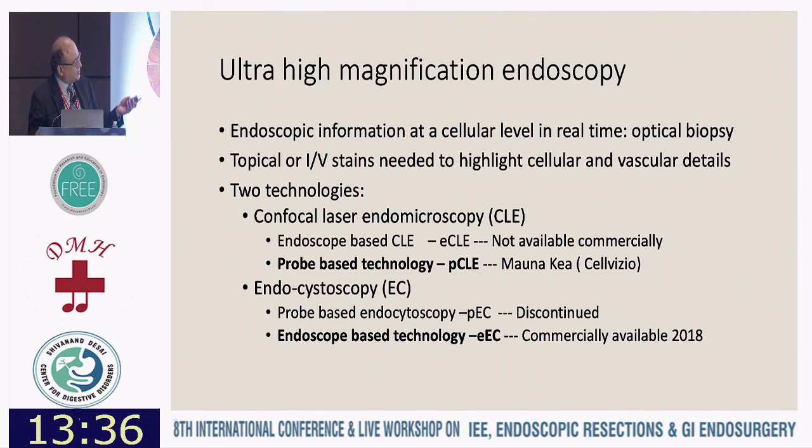And for this, like histopathology, we need either topical staining or intravenous staining with fluorescein. And these two techniques are confocal laser endomicroscopy, which is known as CLE, and endoscope-based CLE was initially started by Pentax, but unfortunately it is not commercially available anymore.